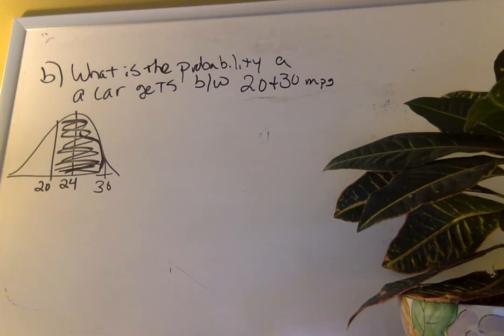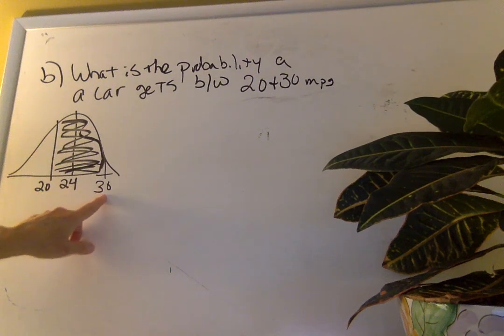I really don't know if the final answer is going to be less than 50% or greater than 50%. But at least the picture tells me when I get a z-score here, it had better be negative. If I get a z-score there, it had better be positive. Okay?